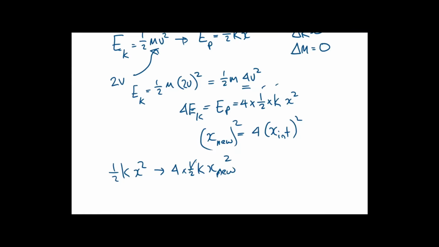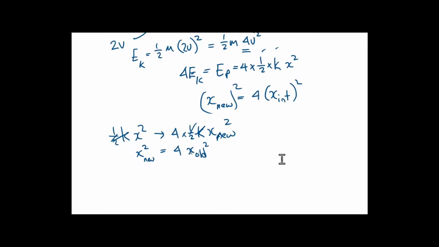So the halves will cancel, the k's will cancel, because remember we said at the top here that k doesn't change. So the new compression squared is going to be 4 times the old compression squared.